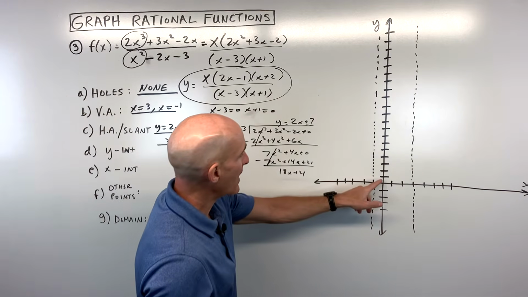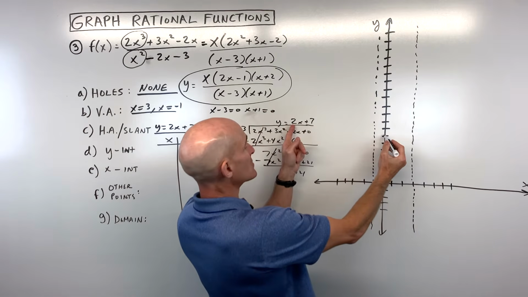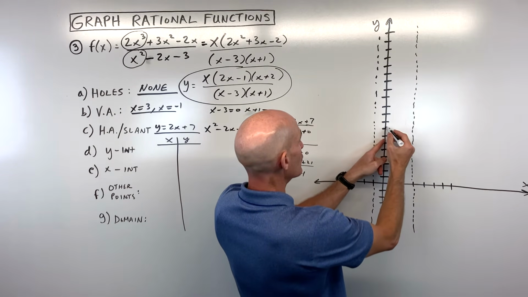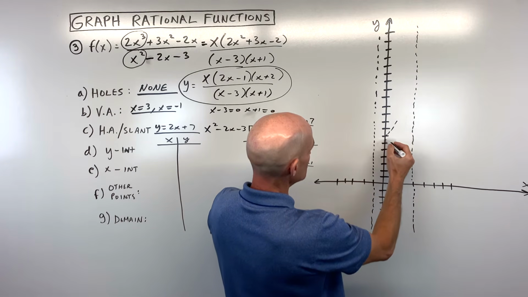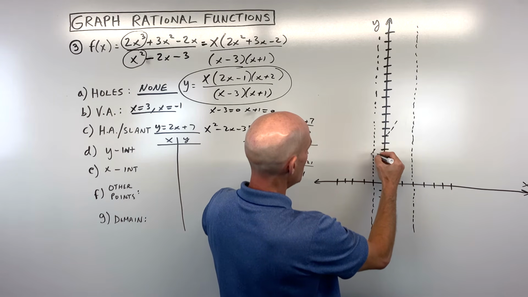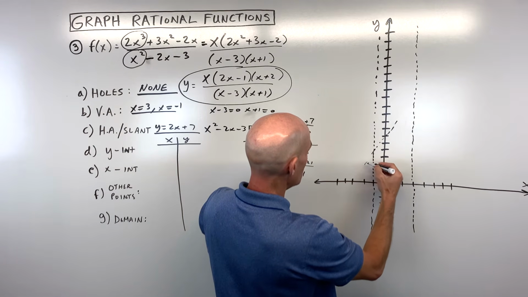So that means it has a y-intercept of 7, 1, 2, 3, 4, 5, 6, 7, right about here, a slope of 2, which means I'm going to go rise 2, run 1, like this. So down 2 over 1, cross right about here. Let's repeat that, down 2 over 1 right about here.